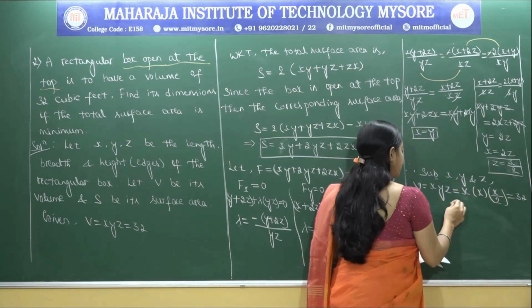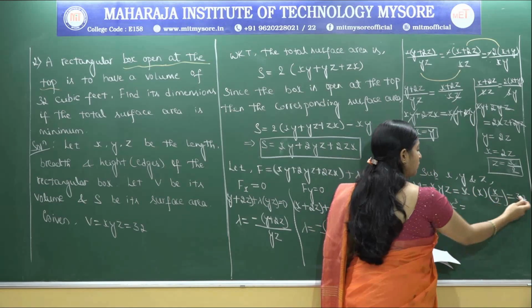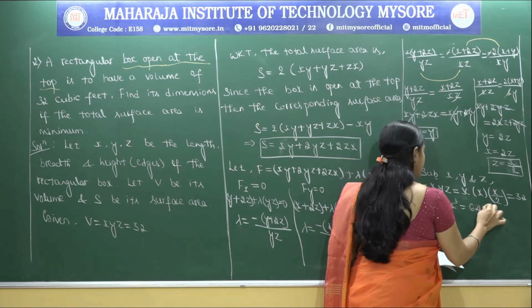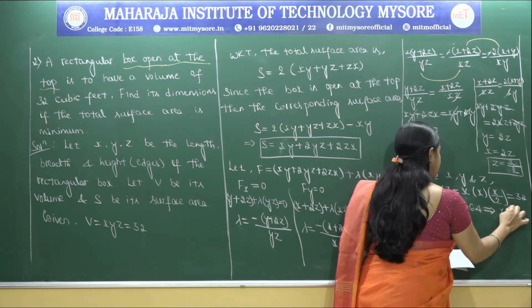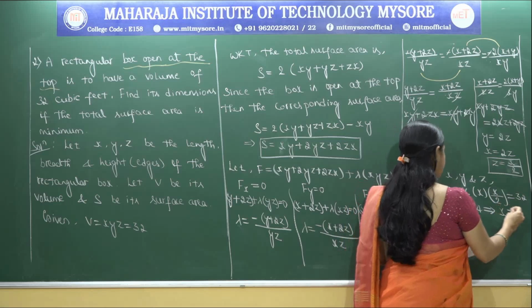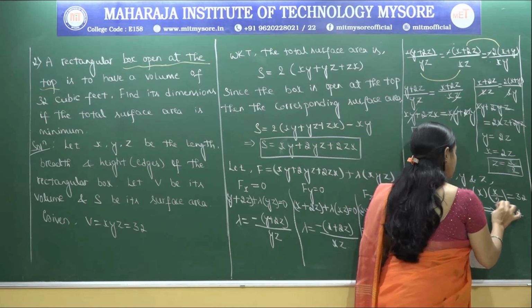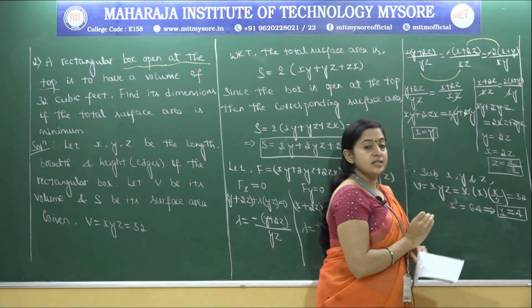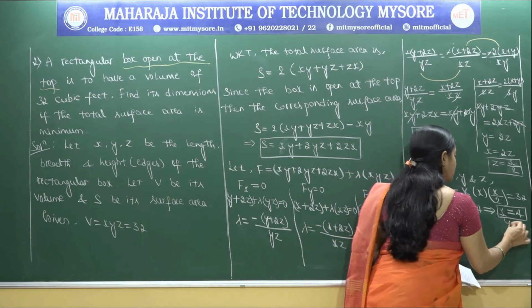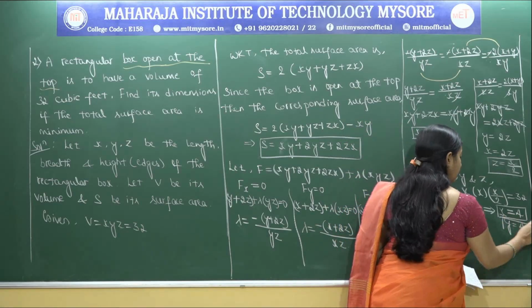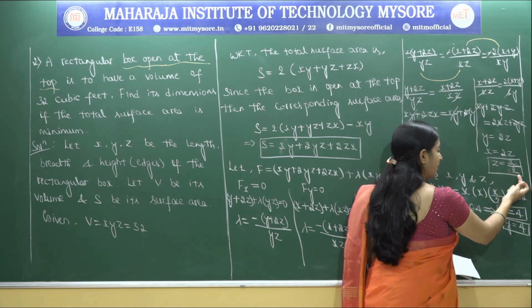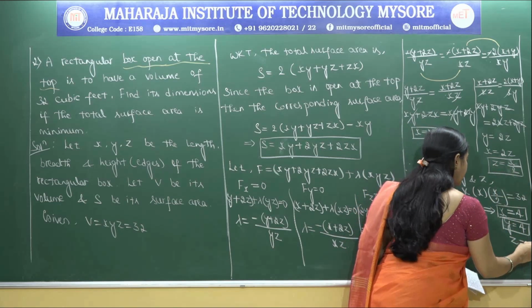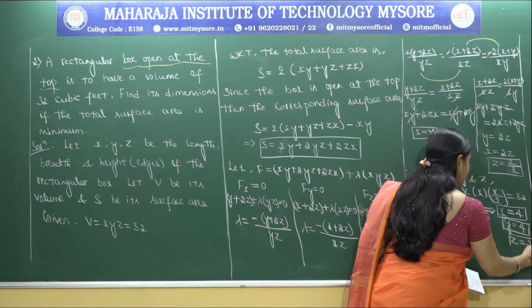So multiply this, you will get x cube equals, cross multiply, 64. This implies take the cube root on both sides, you will get x equals 4. Since x equals 4, y is also equal to 4 and z is x divided by 2. So we get z equals 4 by 2, which is 2.